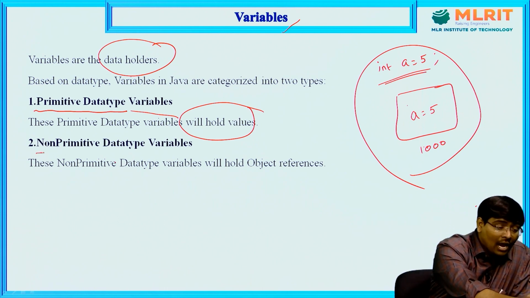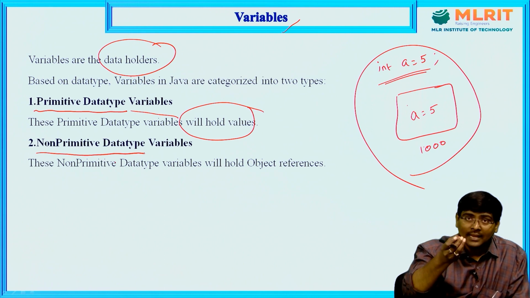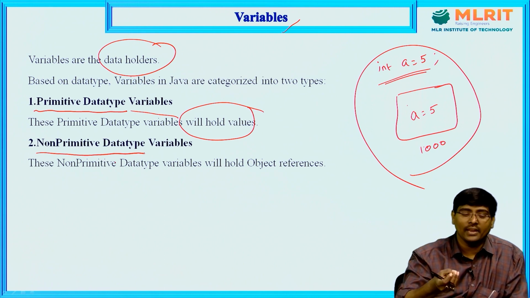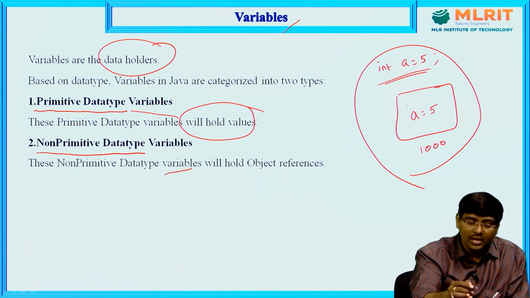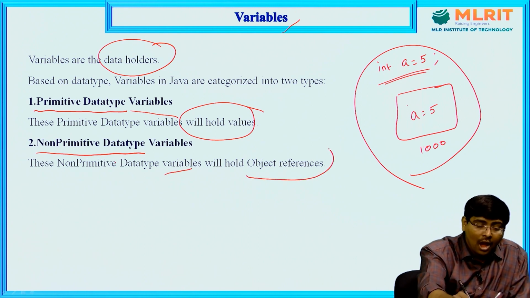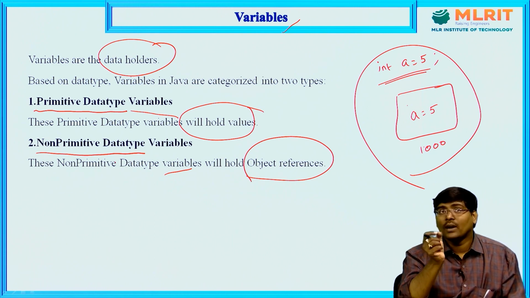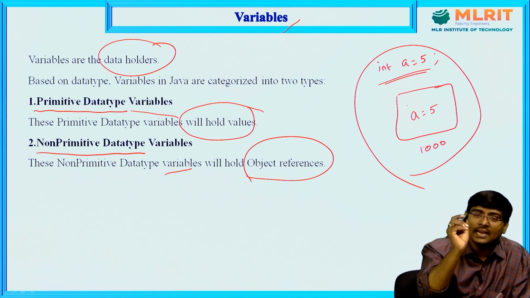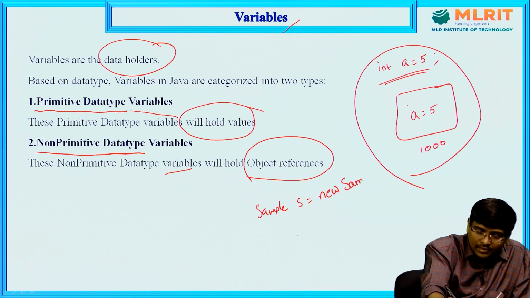Now, non-primitive data types. What are the non-primitive data types? Class, interface, array, enum. The non-primitive data type variables will hold object references. What is an object? For example, for a class Sample, Sample s is equal to new Sample().